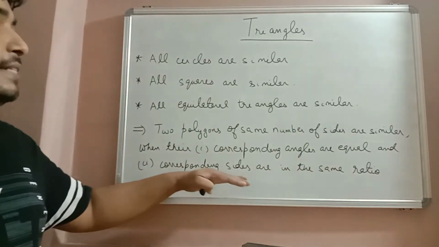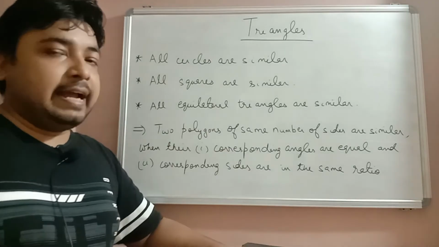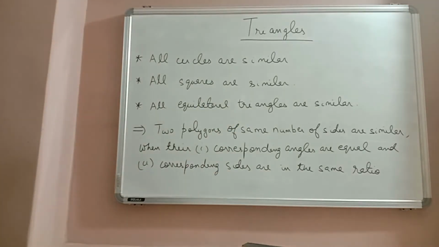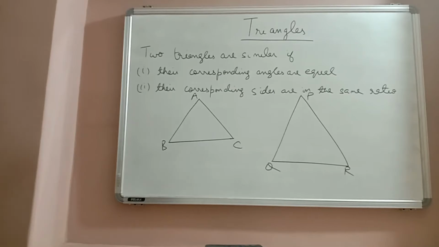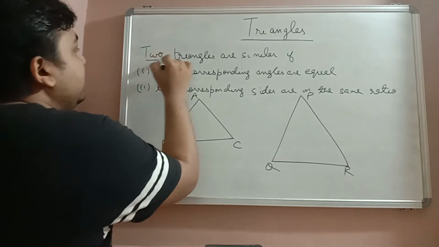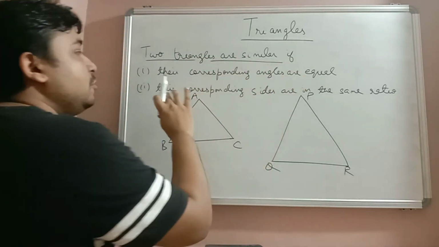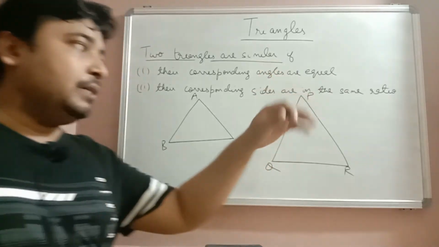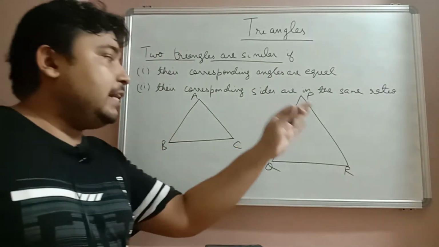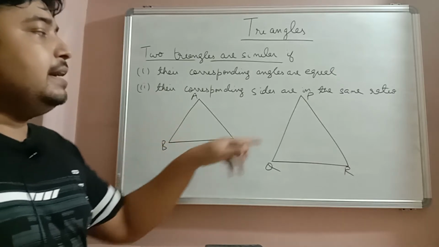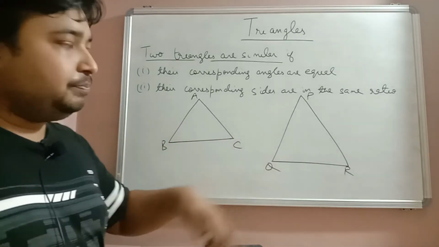Now let's understand this with respect to triangles. Now let us consider two triangles. Two triangles are said to be similar if their corresponding angles are equal and their corresponding sides are in the same ratio. Let's understand this with the help of an example. Let me take two triangles, triangle ABC and triangle PQR.